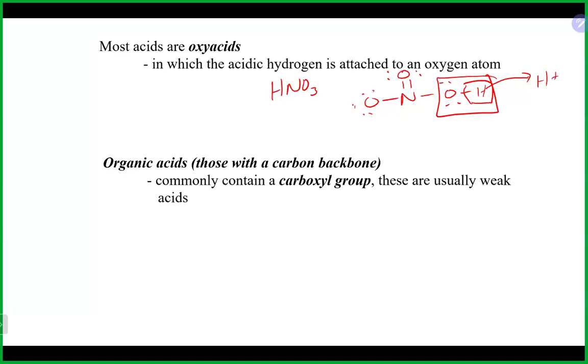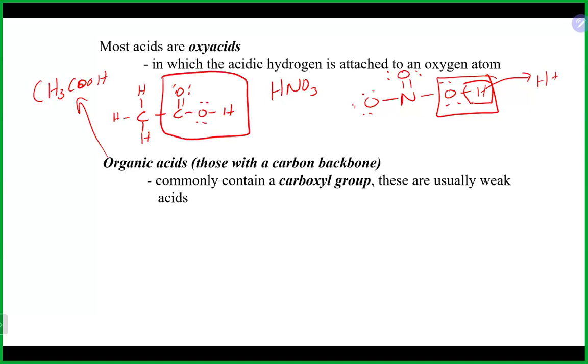There are some organic acids, and acetic acid, for example, the one that's found in vinegar, is an example of that. That's an organic acid. It looks something like this if you draw it out. It has what is known as a carboxyl group attached to it, and that is this. So when you see in a formula COOH, that is the carboxyl part of the formula.